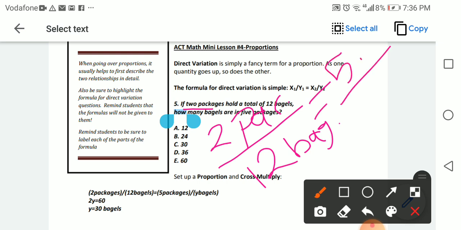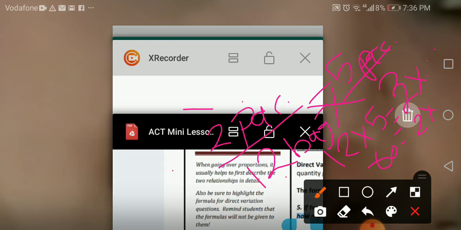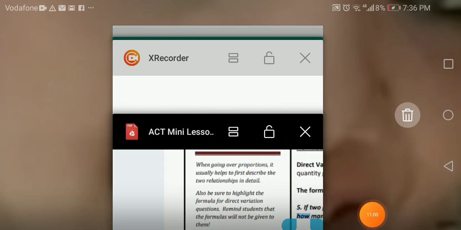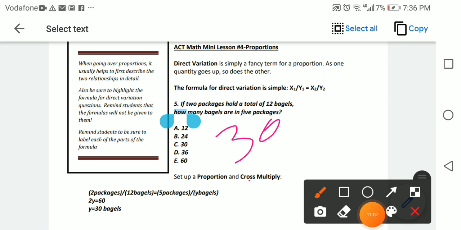I did cross multiplication: 12 times 5 equals 2 times what? 12 times 5 is 60, and 60 equals 2 times 30. So the answer is 30. It's as easy as that.